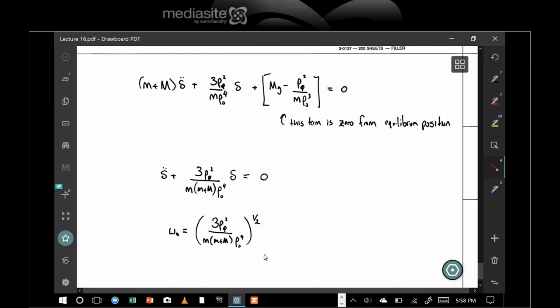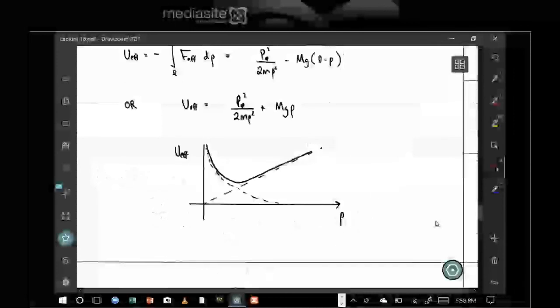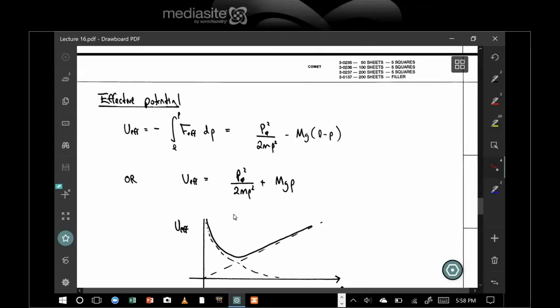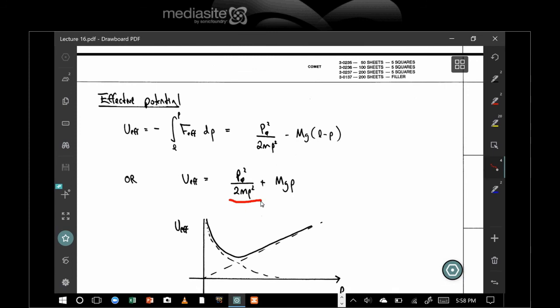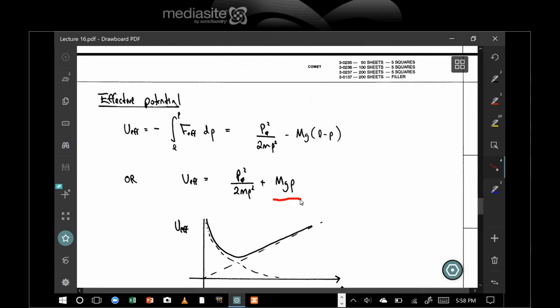The reason I expected that is because of the effective potential. Remember what the effective potential was: a combination of this so-called centrifugal-like term, which is really conservation of angular momentum, and a real conservative term. The combination of those two things creates an equilibrium position.